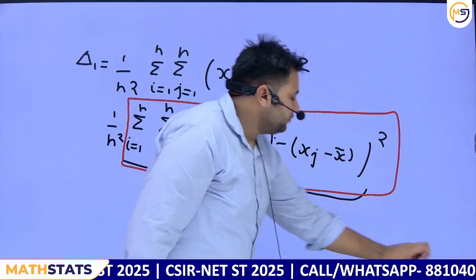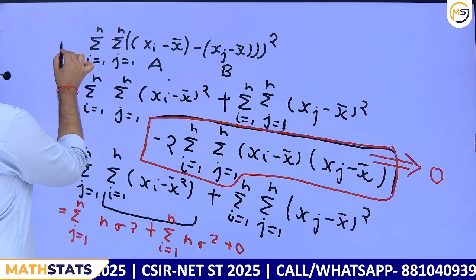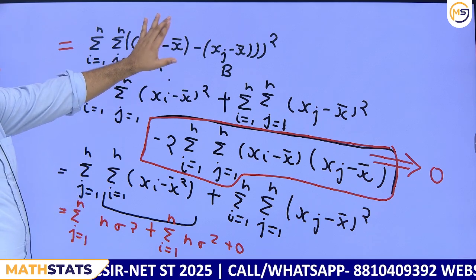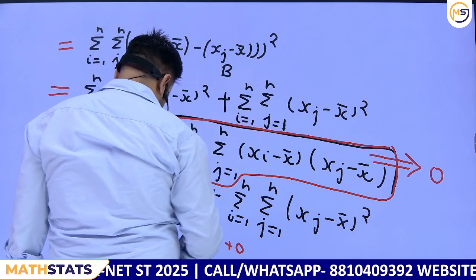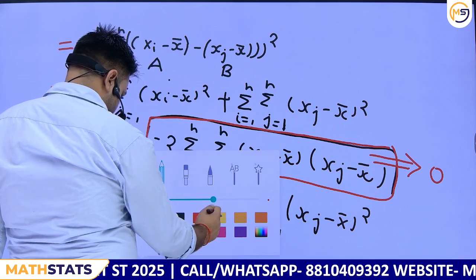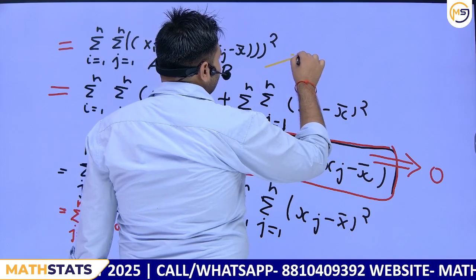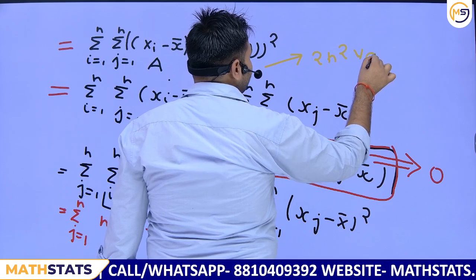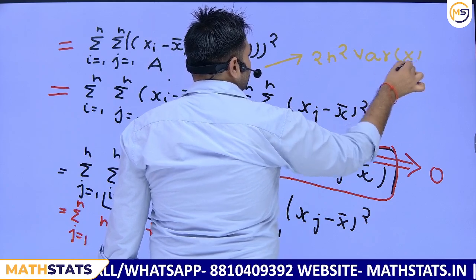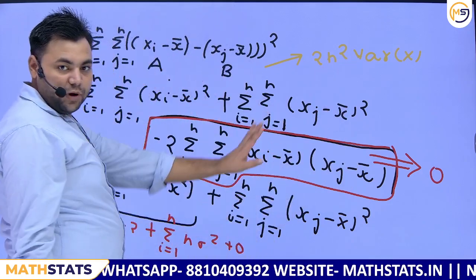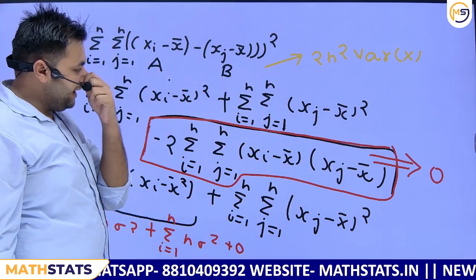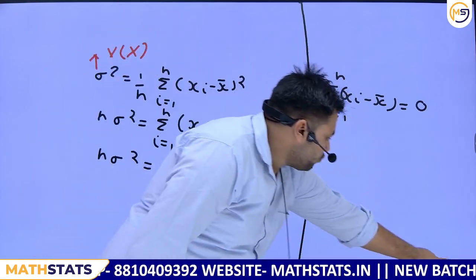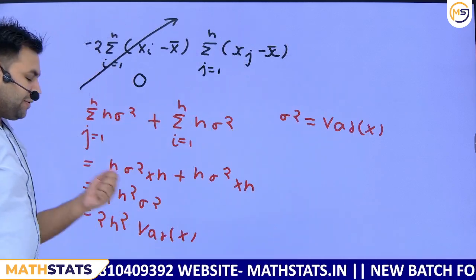Okay, so I am opening this quantity. The final value of this quantity is 2 n square variance of x. You already proved this. Here you see, this is 2 n square variance of x.